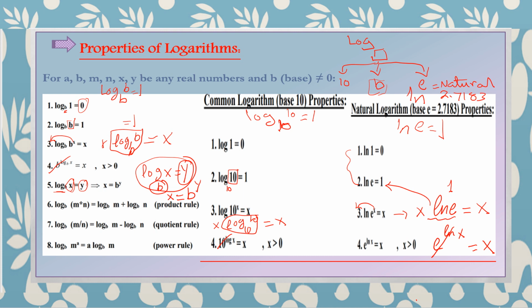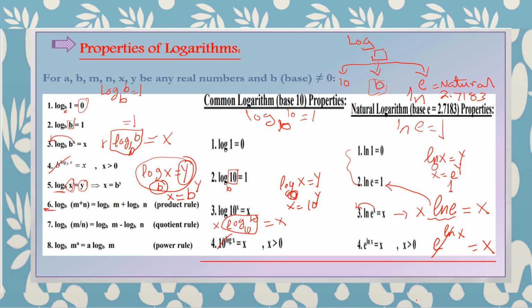And also for base 10, if I say log x equals y, this means x equals 10 to the power y, as the base is 10. And for the third case of the bases, if I say ln x equals y, this means x equals e to the power y, as the base here is e.